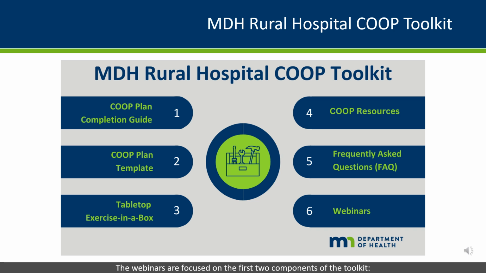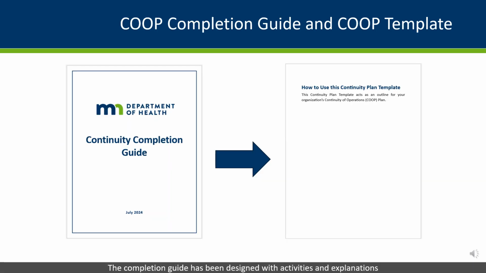The webinars are focused on the first 2 components of the toolkit, the COOP completion guide and the COOP plan template. The completion guide has been designed with activities and explanations of how to write a COOP plan for your organization. As you complete the activities, you can move answers into the COOP template.